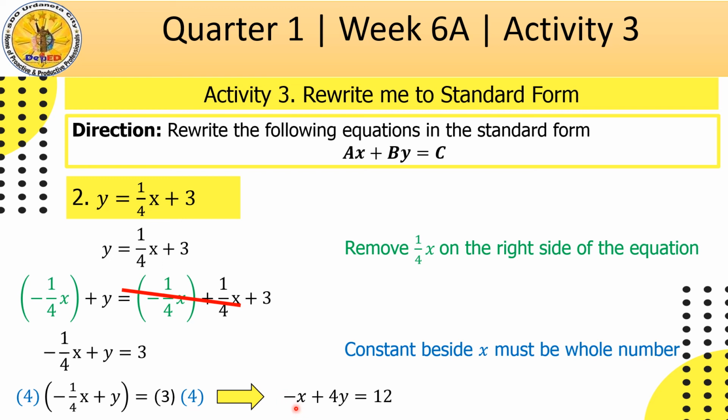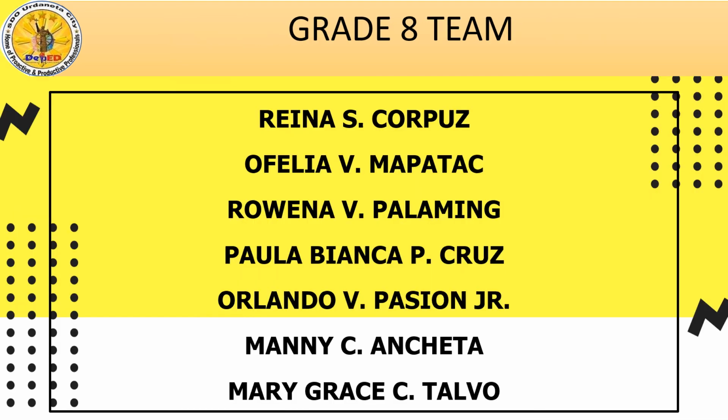So we need to make this positive by multiplying the equation by negative 1. So applying distributive property, the answer is x minus 4y is equal to 12. And this is our final answer. So that's how to answer your activity 3.